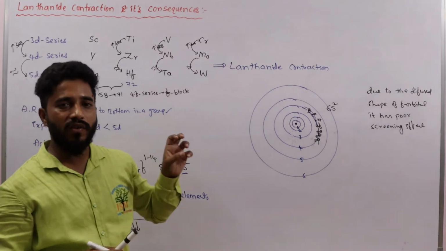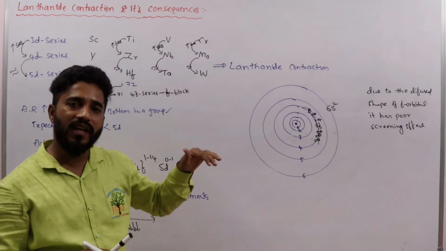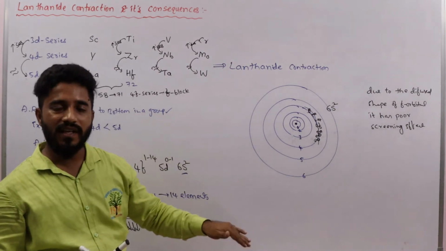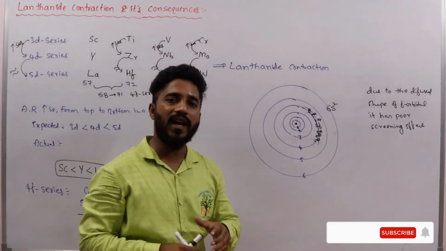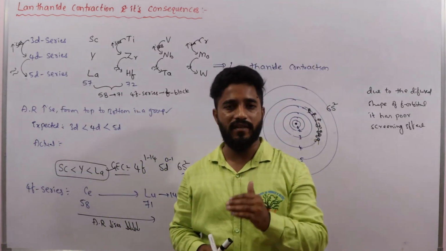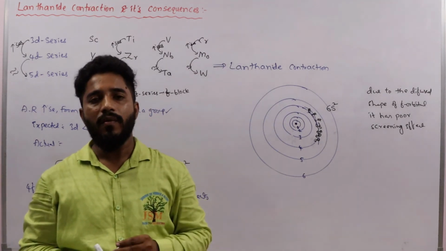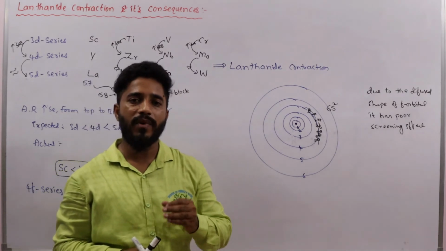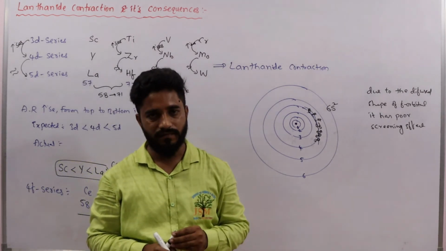That's why the nucleus attracts the outermost electron towards it very strongly, and then atomic radius decreases. So finally we can say what lanthanide contraction means: the decrease in atomic size due to the poor shielding of f orbital is known as lanthanide contraction.